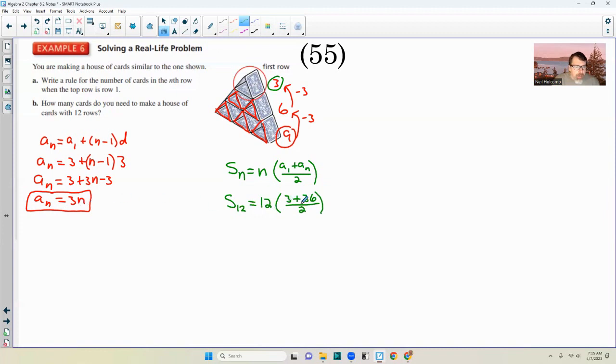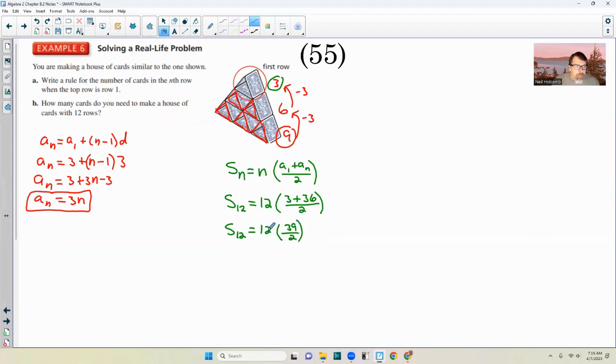Okay, so how did I get this? I wanted the 12th row. Well, a sub 12 is 3 times 12, or 36. So the sum of all of these is going to be S sub 12 equals 12 times 36 plus 3, which is 39, divided by 2.